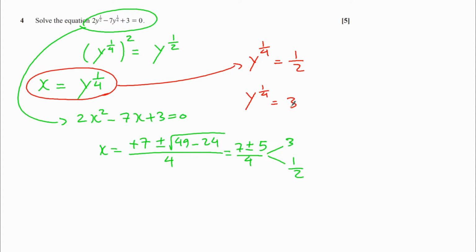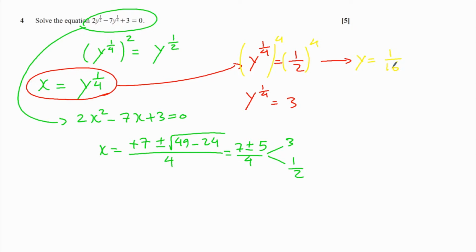If I power both sides to 4, on the left hand side we will have y, and on the right hand side 1 over 2 to the power of 4, which is 1 over 16. So y would be equal to 1 over 16.